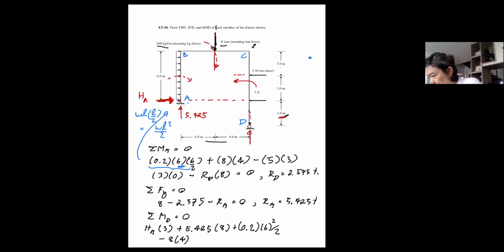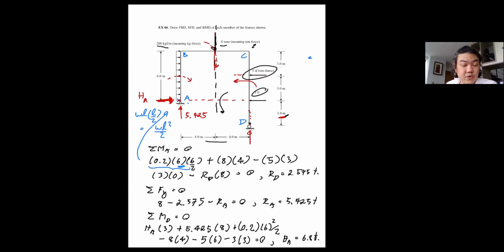This point load, coming in this direction, so it caused the counterclockwise moment around point D. And then you have this 5 tons here that will cause another counterclockwise moment, multiplied by the moment arm, which is now 6, and then minus these 3 tons multiplied by 3, that is 0. Okay, and from this equation, we have HA equals 6.8 tons.